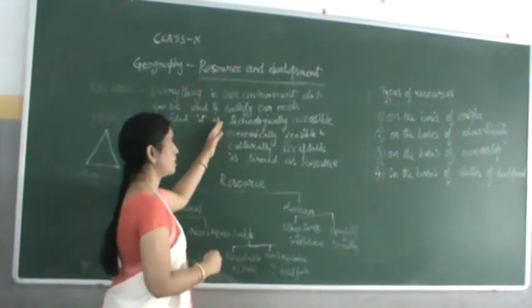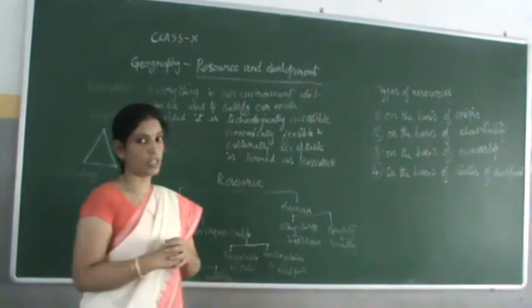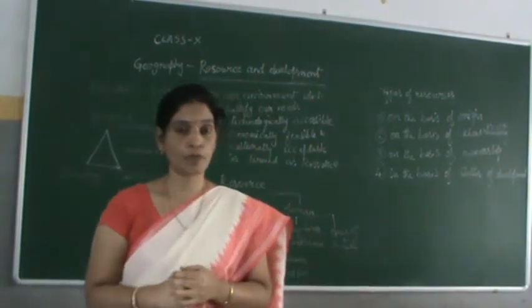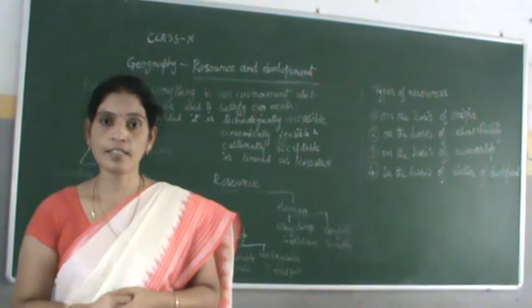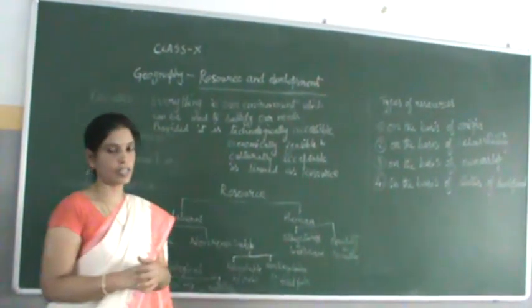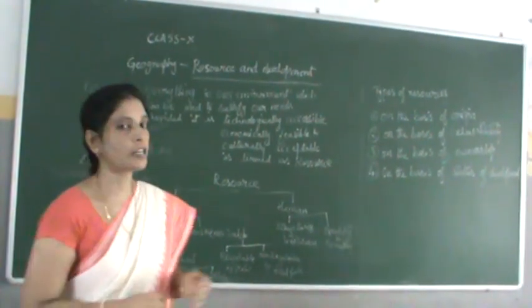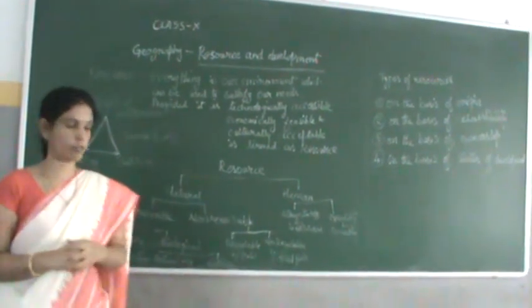So these three terms, technologically accessible, economically feasible and culturally acceptable, when this is possible, then it is called a resource. So we are very clear. Everything that will satisfy our needs, provided they are technologically accessible, culturally acceptable and economically feasible, is known as a resource.